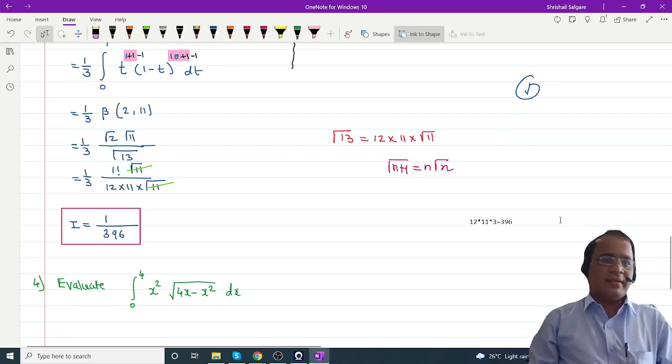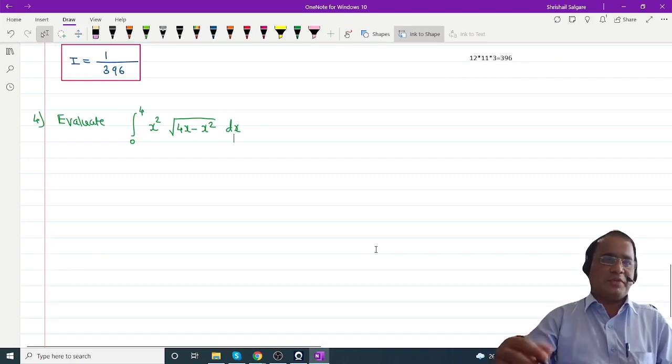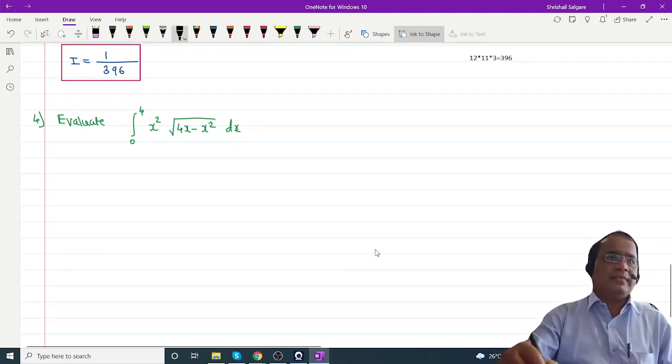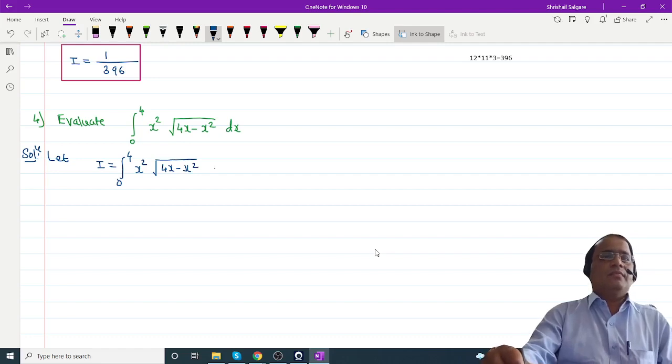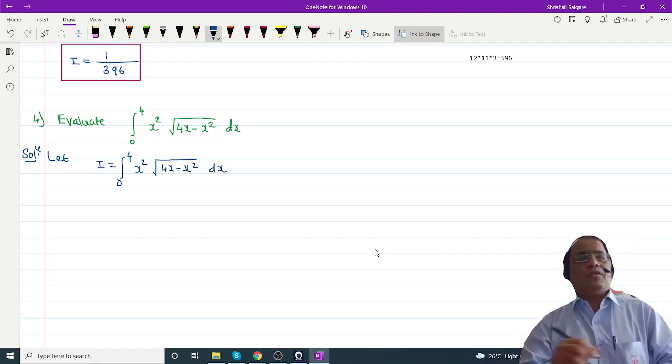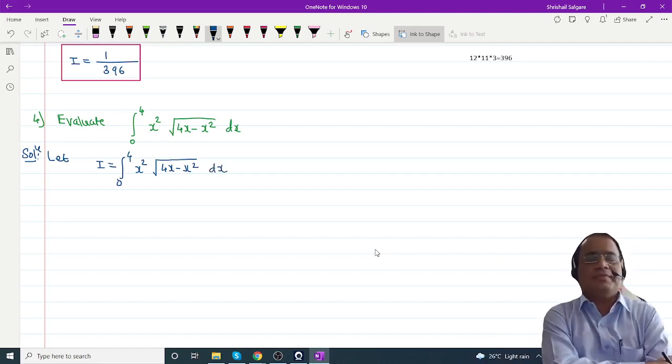I will take one or two minutes pause to identify the substitution. Let us see who will tell the answer. First step, I will call that integral I. So let I be the integral from 0 to 4 of x square into square root of 4x minus x square. Can anyone help me how to proceed to identify the substitution?